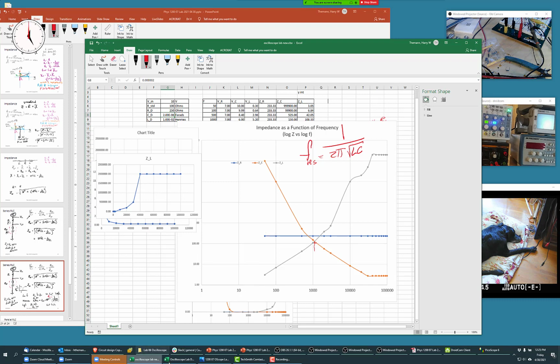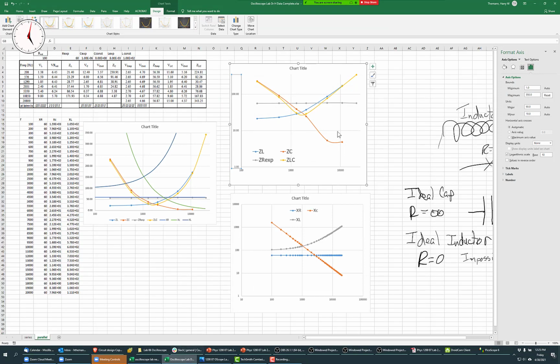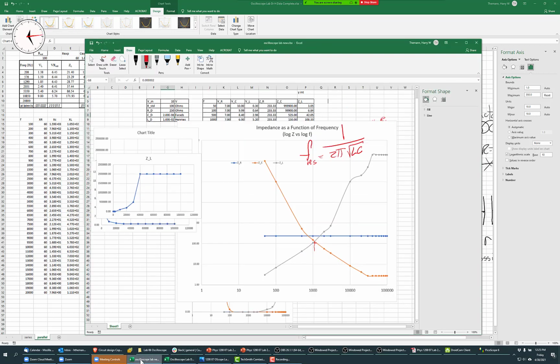And just a hint, nod, nod. You see I have the LC plotted here. And in fact, another hint is when you do your LC data, make sure that one of the frequencies for your LC data, let's see, what time is it?